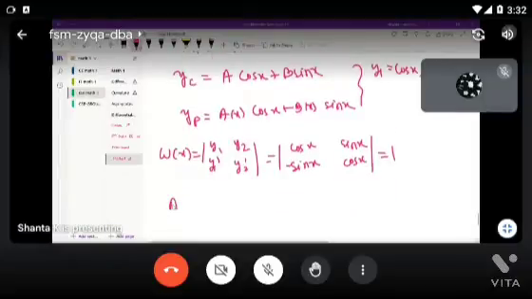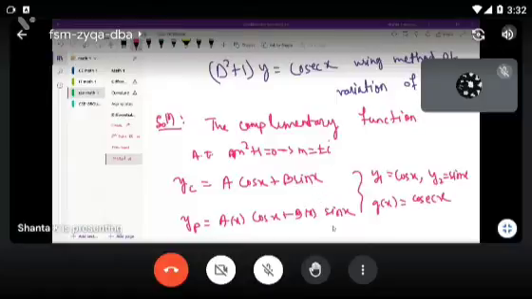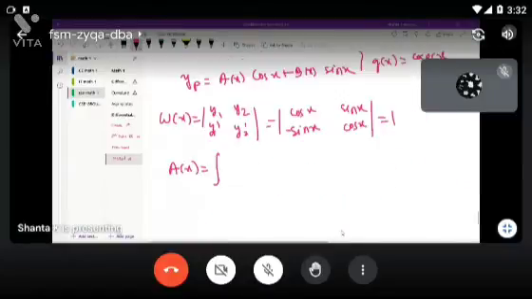Okay, so now it's easy here. Now we will find g of x. So if you look at here, g of x is cosec x by 1. And here 1 is the coefficient, so it will be cosec x.